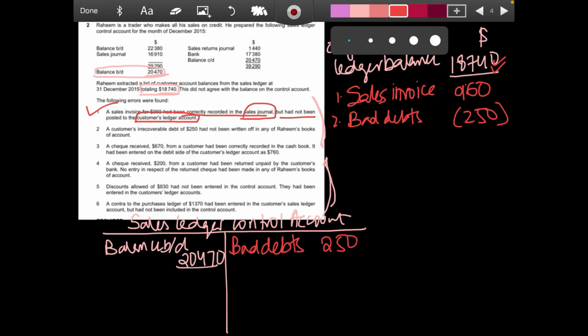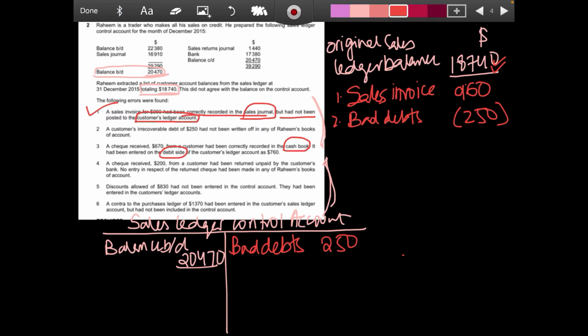A cheque received for 670 from a customer had been correctly recorded in the cash book. Which means it was correctly recorded in the day books. So no need to adjust the control account's balance, because, as I mentioned in the previous video, if it is correctly recorded in the day books, and the cash book is one of the day books, there is no need to adjust the control account. But it says that it has been entered on the debit side of the customer's ledger account as 760.